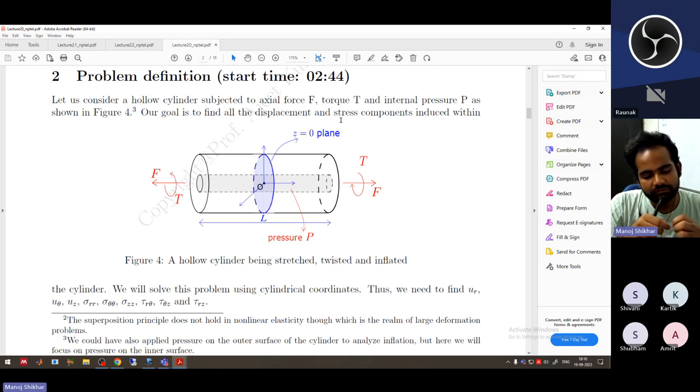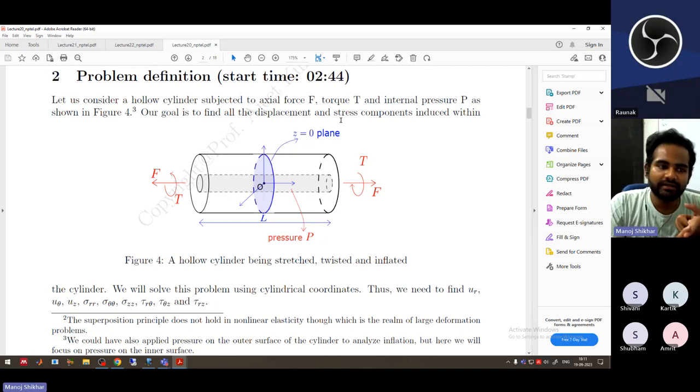Now, we already know that we have many unknowns. If we invoke the condition that the angular momentum balance is satisfied, a total of 9 unknowns remain with us. Those unknowns are the displacement fields, in this case UR, U theta, UZ, and the stress components.